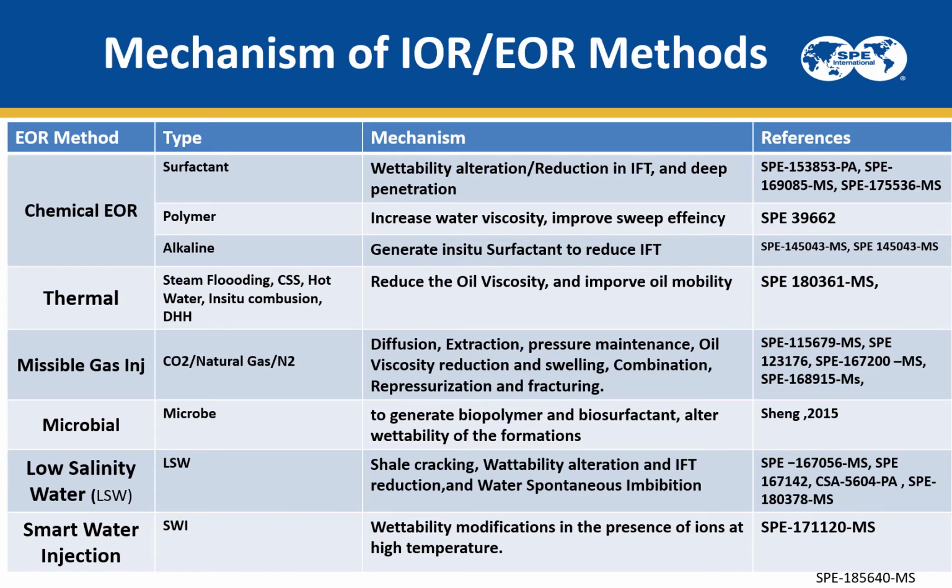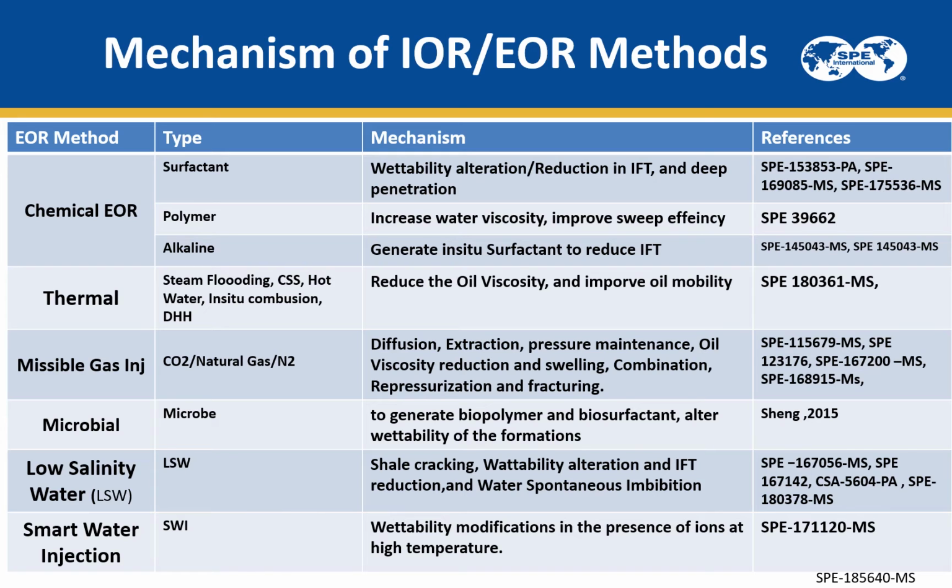One of the important things is that we need to know the mechanism of EOR methods. For example, if you have a chemical EOR such as surfactant, polymer, or alkaline: the main mechanism for surfactant is wettability alteration, interfacial tension reduction, and deep penetration.